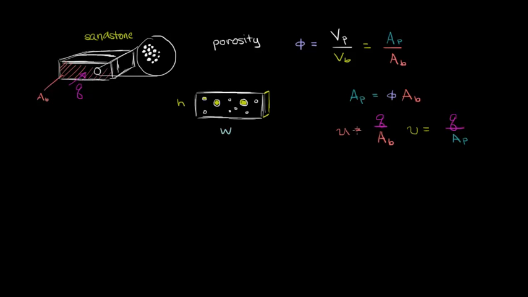So if we want to get a relationship strictly between u, v, and phi, we just have to eliminate q and the area terms from this equation. So how can we do that?